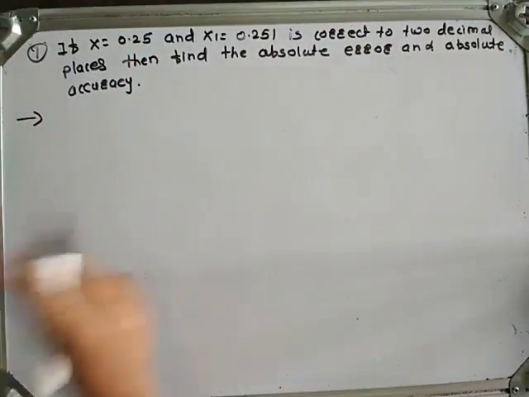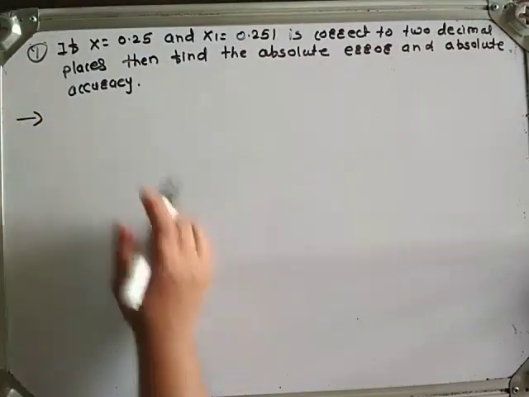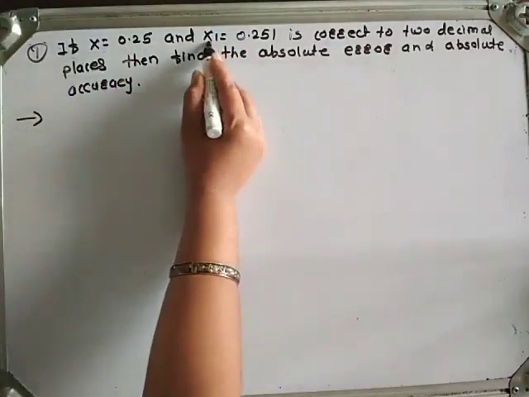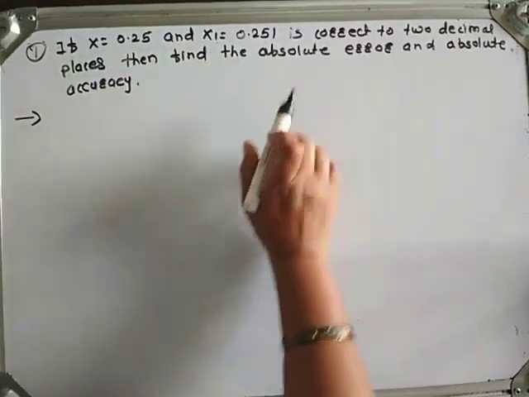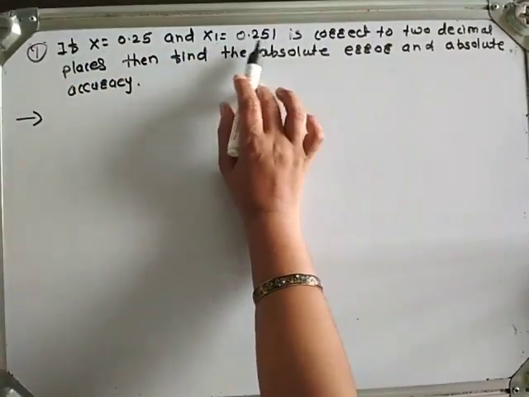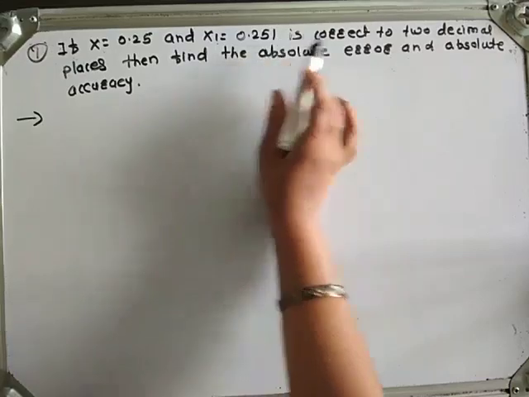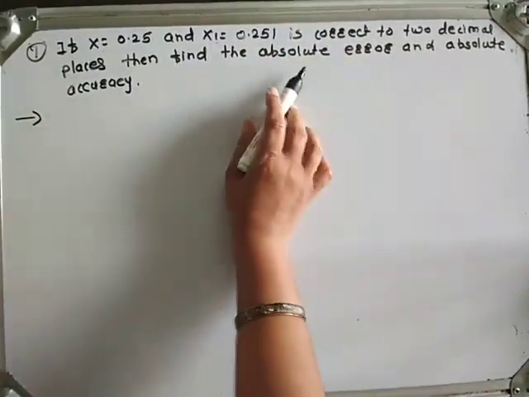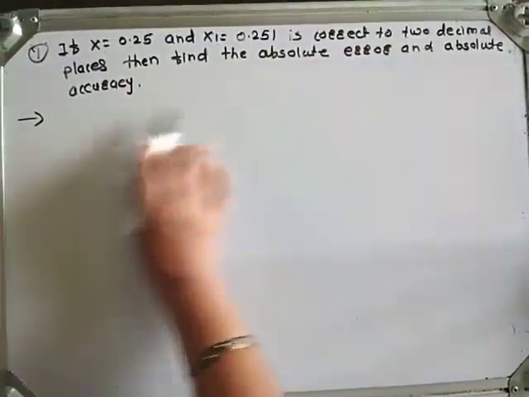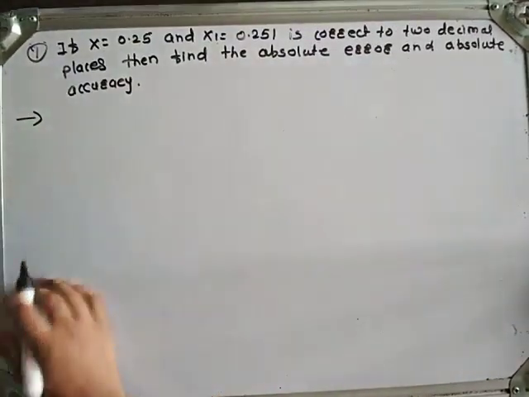See here, in this problem x denotes the true value and x1 denotes the approximate value. x and x1 are given, where x1 is equal to 0.251, correct to two decimal places. Then we have to find the absolute error and absolute accuracy.